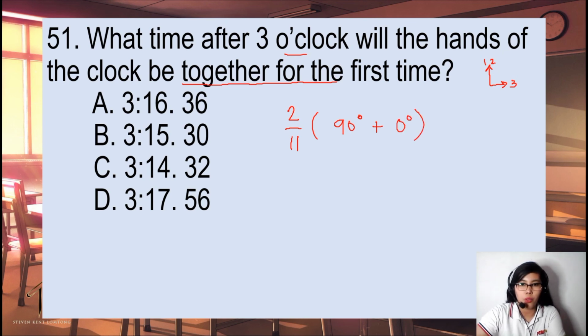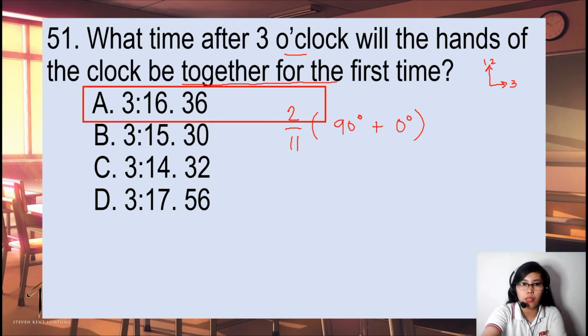And 2 over 11 multiplied by 90 degrees is 16.36. So the time when the two hands will be together for the first time is 3:16.36. So that's very easy.